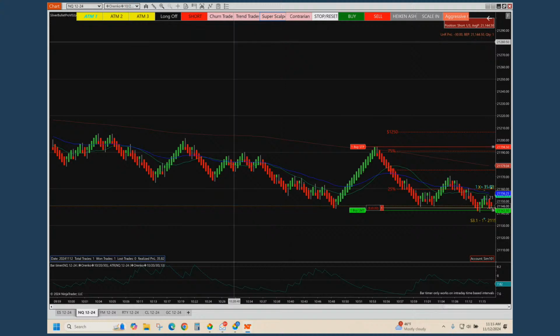Order filled. Took default trade here. Just used one contract because I didn't like the position here.